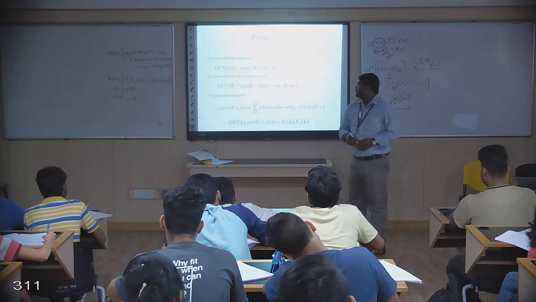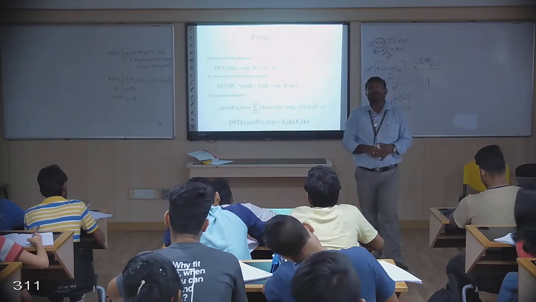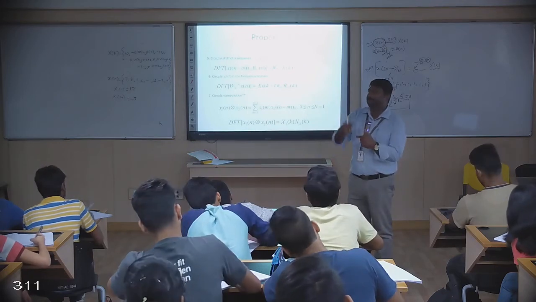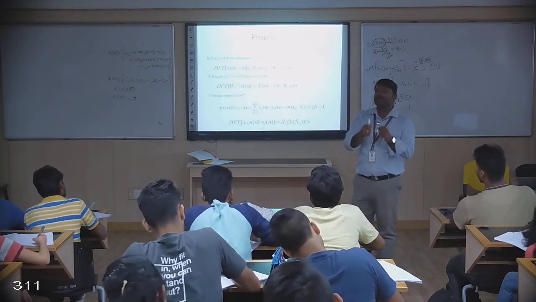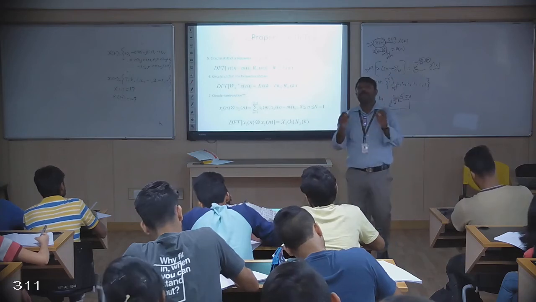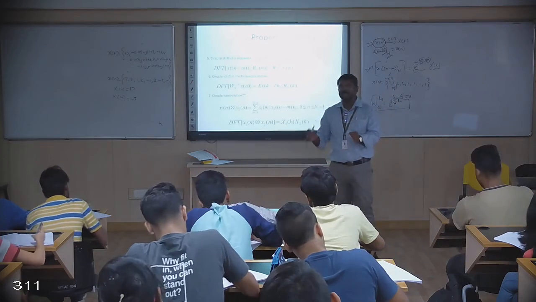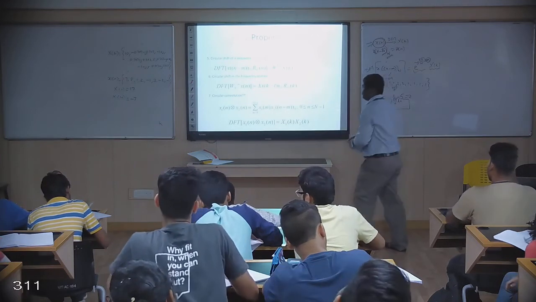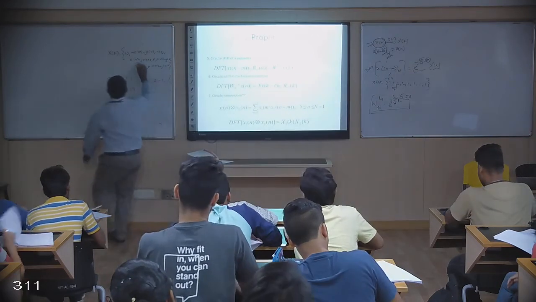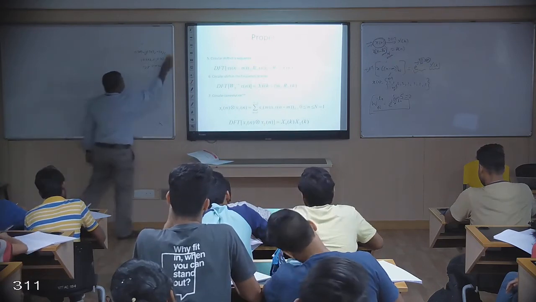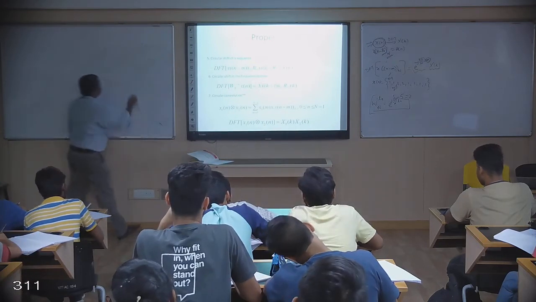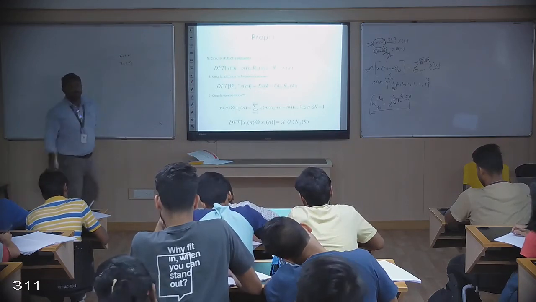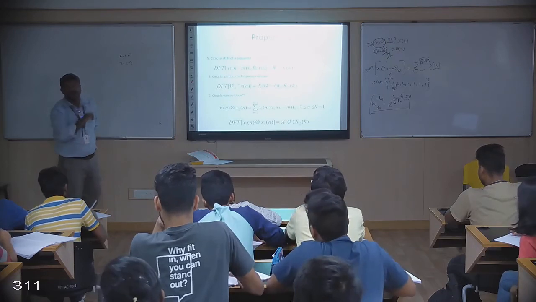Then circular convolution. Circular convolution we did in 2 different methods in the normal class. With the DFT, you can make it very simple. Circular convolution of any 2 sequences using DFT is just the multiplication. So if you have two sequences, x1 of n, x2 of n, please listen, this is very important, we will be doing this in the lab.